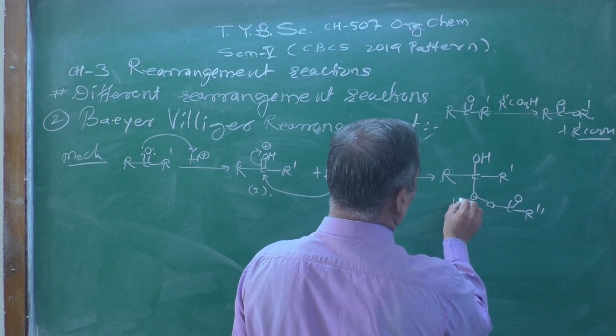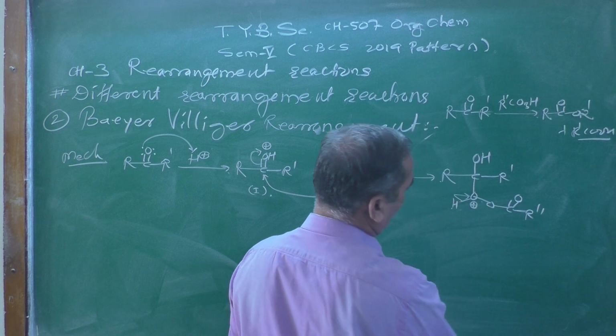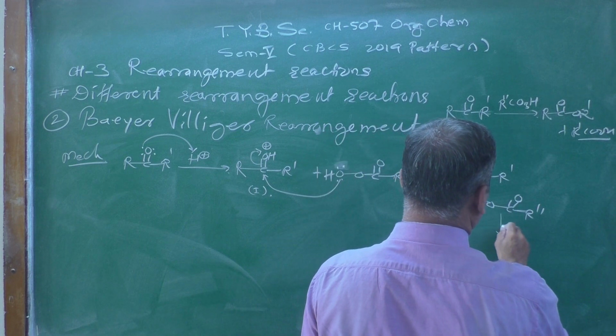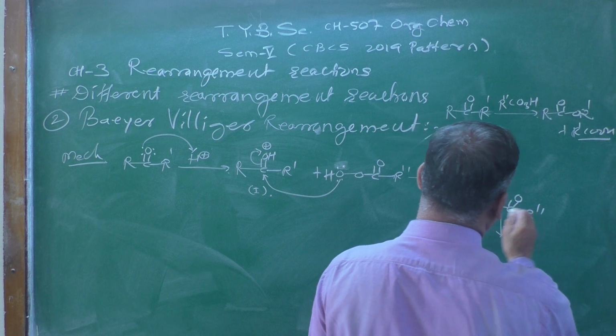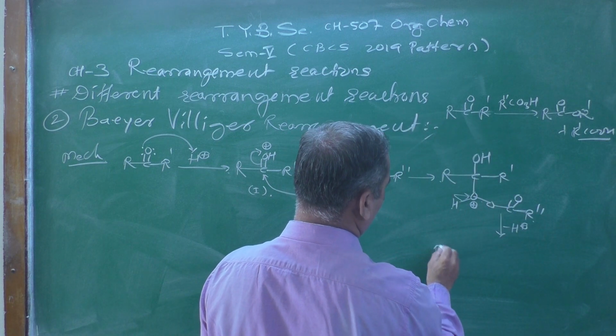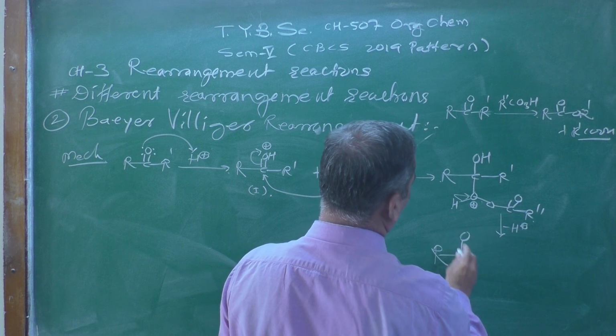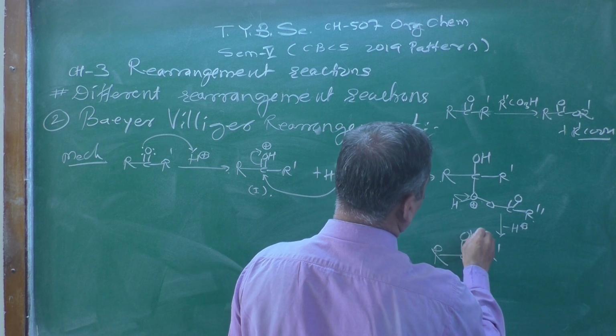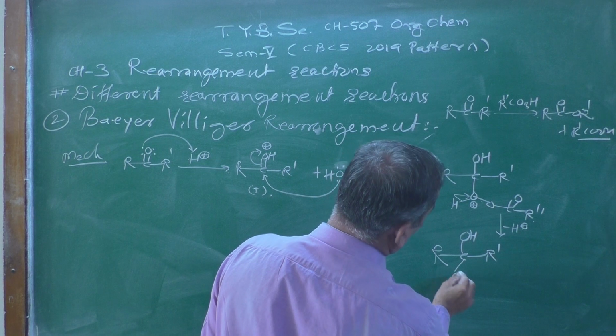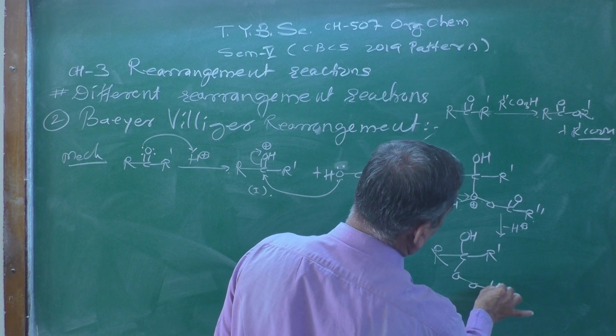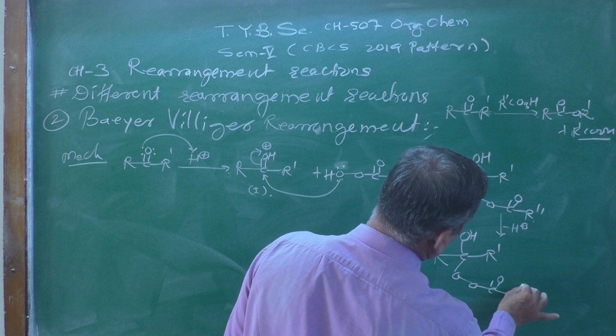In the very next step there is a loss of proton, H plus is lost, and you will be getting here R, C, O, then R dash H, now here O, and C double bond O, then R double dash.